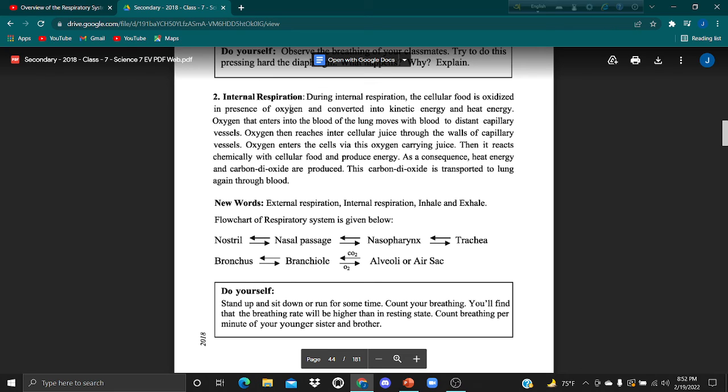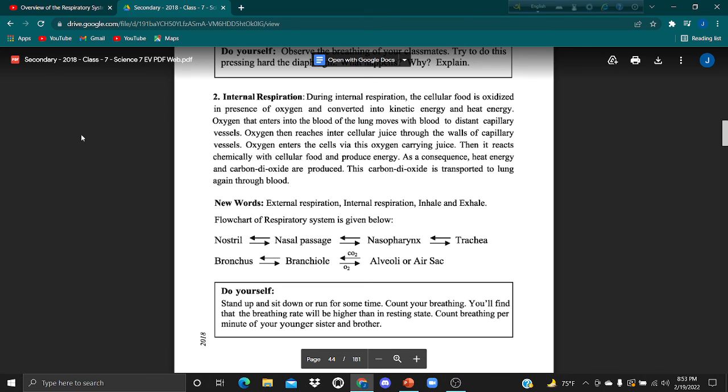This gaseous exchange of the lungs is called external respiration, and inhalation and exhalation are included in external respiration. And internal respiration: inside the cell, oxygen acts on food. In some enzyme-controlled reactions, internal respiration goes like this.